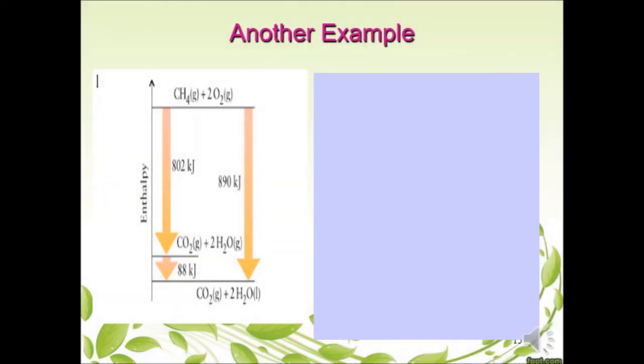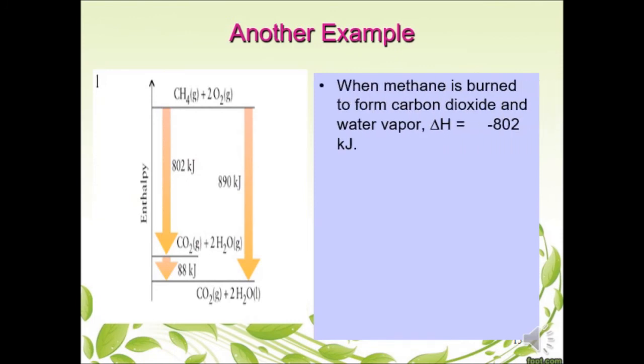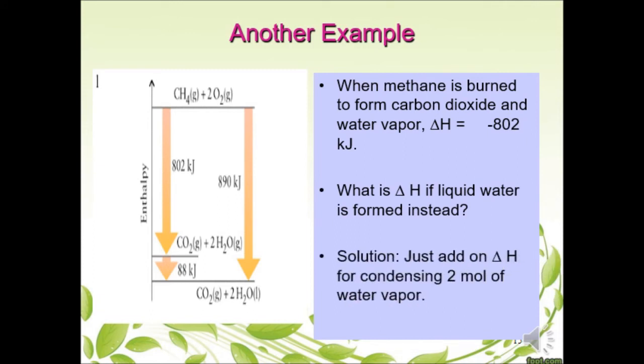So this would be another example. Methane, when burned in oxygen to form carbon dioxide and water vapor, gives negative 802 kilojoules enthalpy change from here to here.